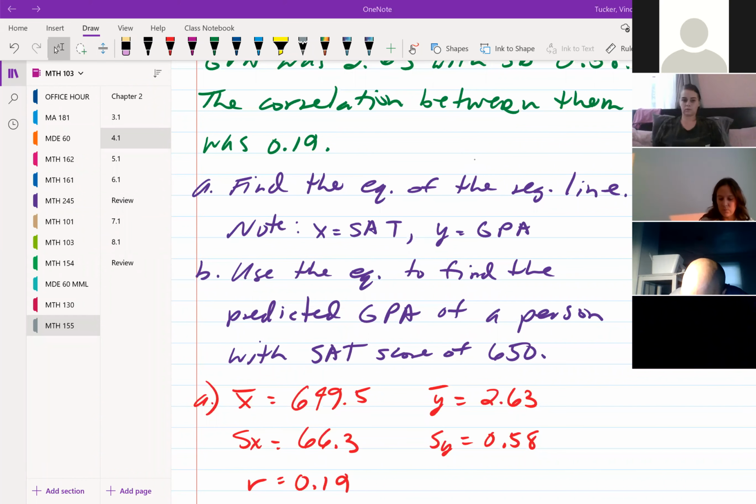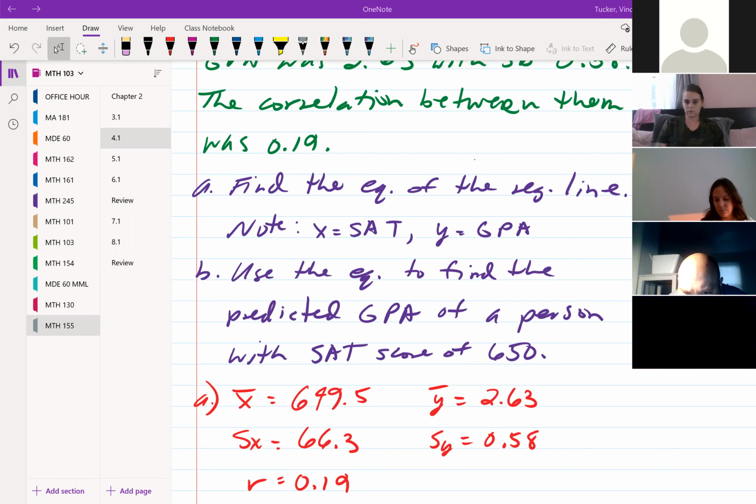Write down what value is assigned to what symbol and so on. So if you look in A, they tell us that our X variable, our explanatory variable, is going to be assigned to the SATs. The GPA is going to be Y. Whatever you're trying to predict is always your Y.